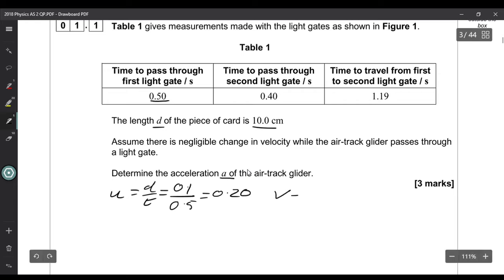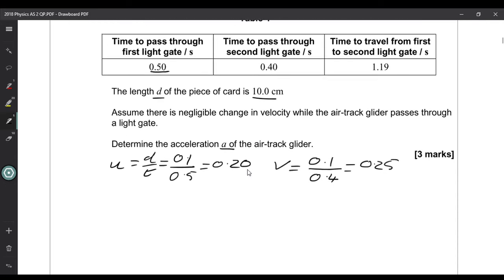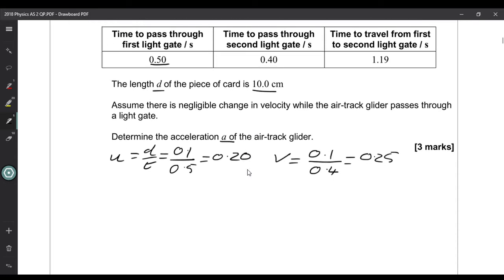So v equals, again, the distance is going to be the same, the distance of the card, which is 0.1, but this time it takes 0.4 seconds, so that is going to be 0.25 meters per second.